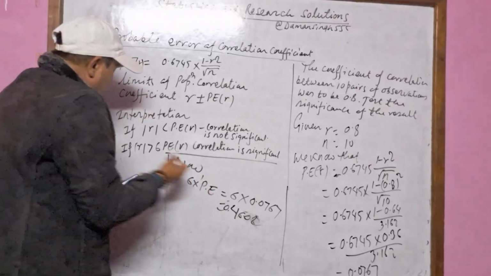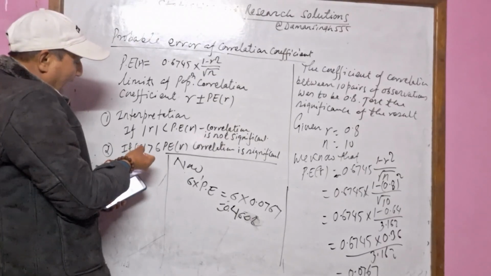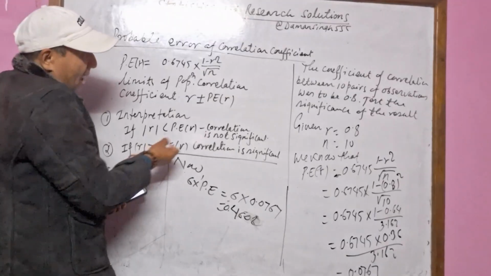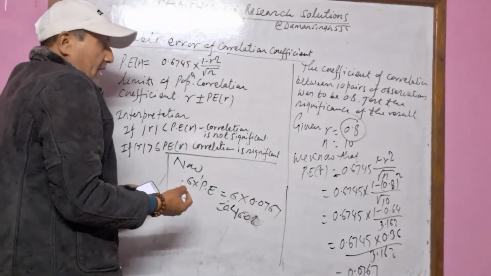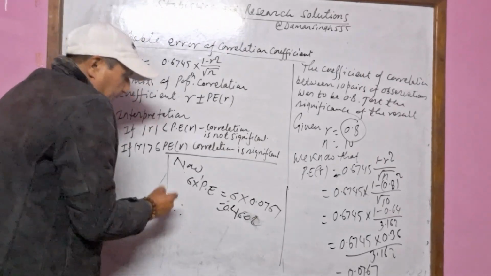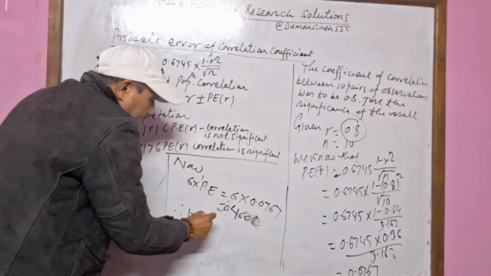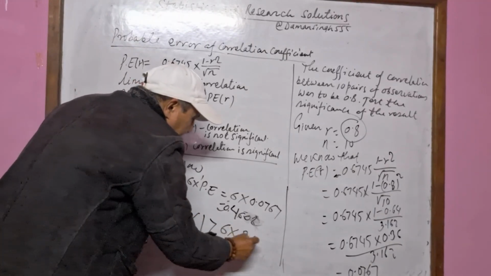Just see here: if R is greater than 6 times PE, so what is the value of R? The value of R is 0.8. Therefore, R is greater than 6 times PE.